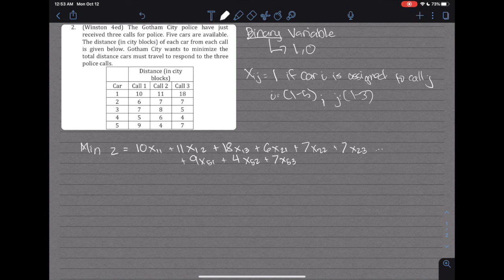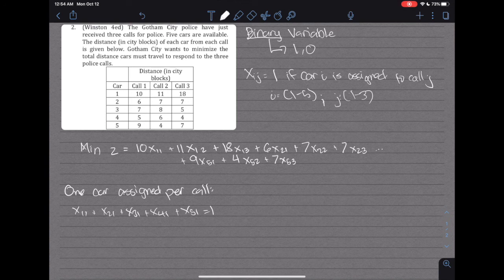Let's now formulate our constraints. Our first constraint is we have to have one car assigned per call. To note that, x11 plus x21 plus x31 plus x41 plus x51 is equal to 1. And we want exactly 1. This constraint denotes that for each call, there has to be exactly one car that will attend to that call.